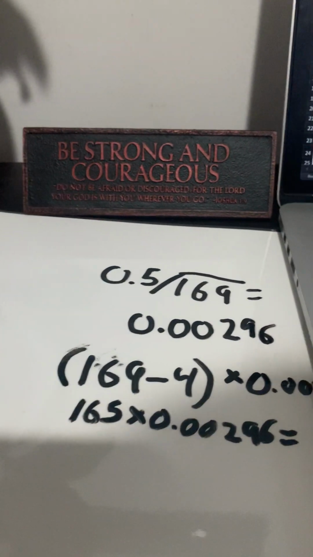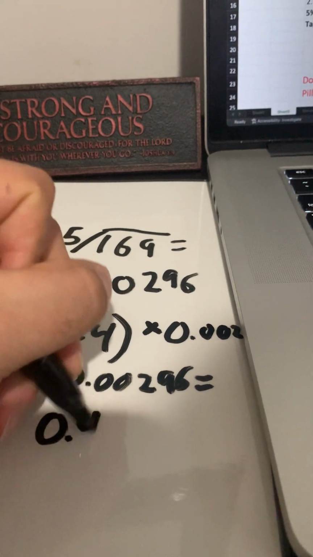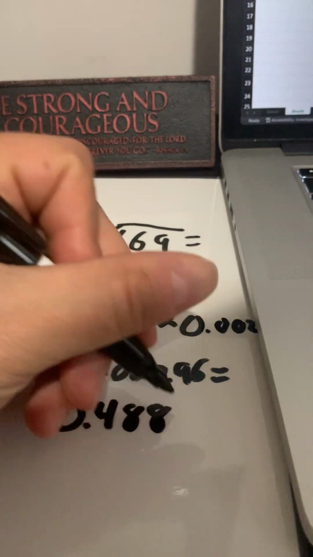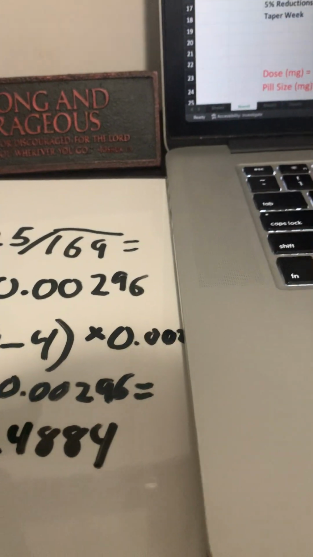So if you shave 4 milligrams off the original dose, you'd have 0.4884 milligrams of Klonopin, okay?